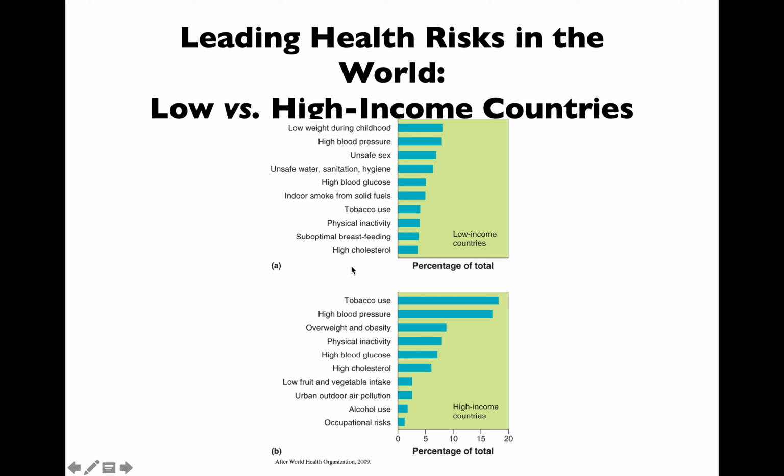So you think, okay, they're not eating a diet that has high cholesterol. They're not getting enough food. That's the leading cause of those leading risks. If you look down here, the higher income countries, look at the top. Tobacco use, number one, high blood pressure, usually due to a poor diet and poor exercise. Obesity, physical inactivity, all of these tied together. High blood glucose, high cholesterol, all of this bad diet choices.